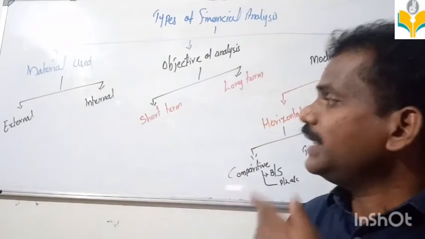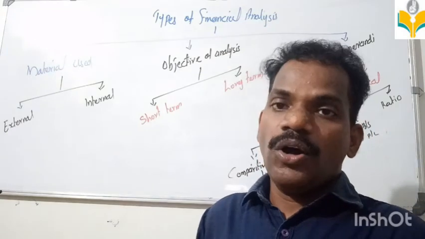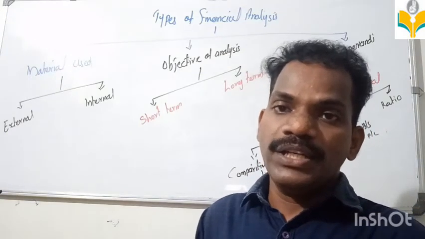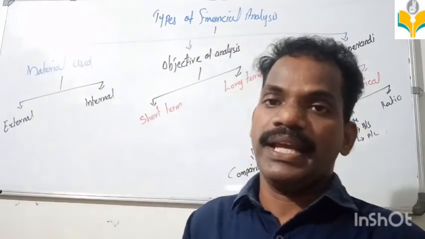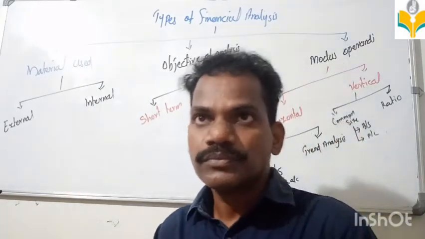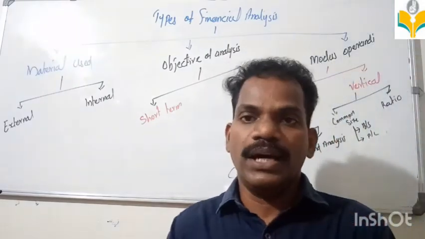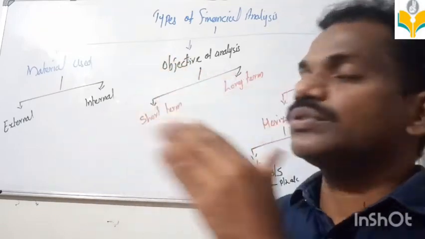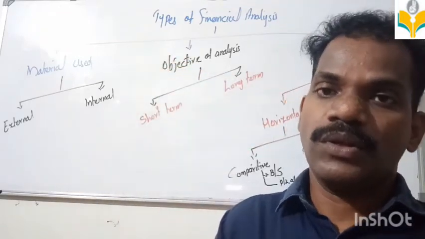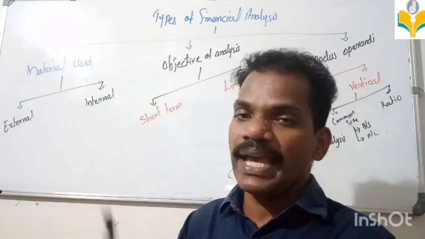The members, team, group or individuals who are outside the company or organization, that means this type of analysis is done by those outside the business unit or concern, are called external financial analysis.